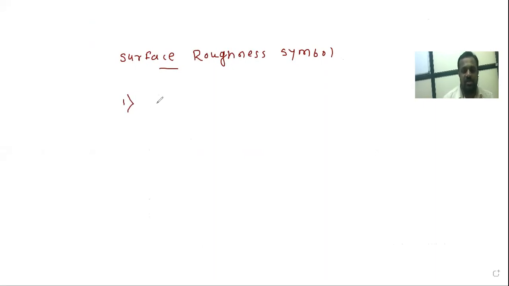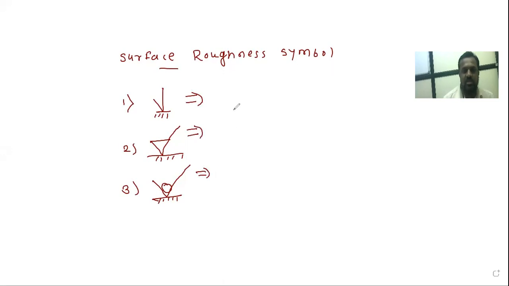What are those basic symbols? Like this, this is the surface. Then the second will be like this, closed up. And the third will be like this, where we show the circle with the surface.